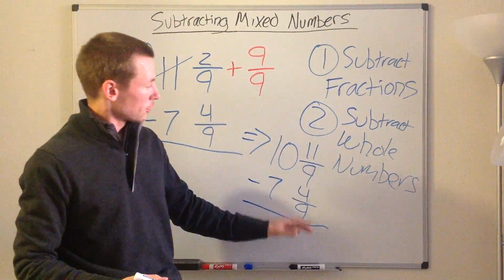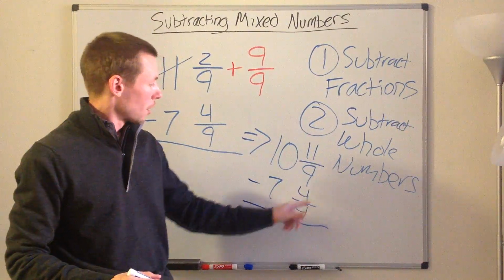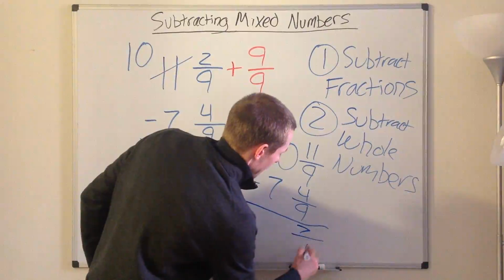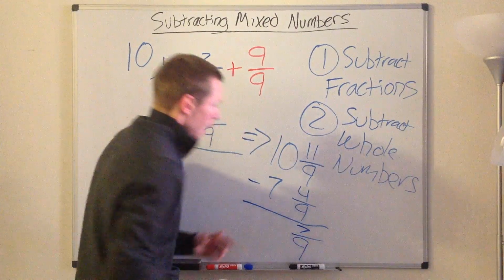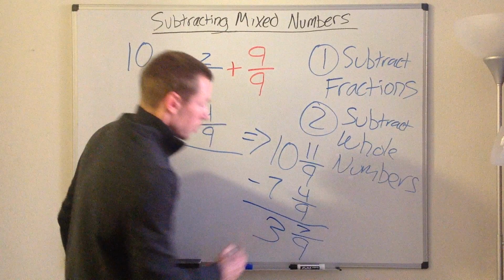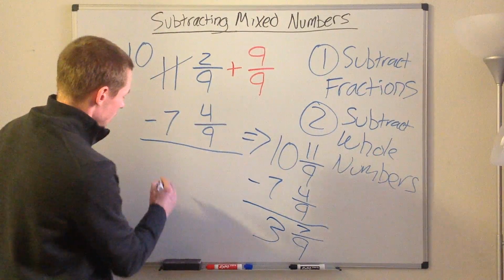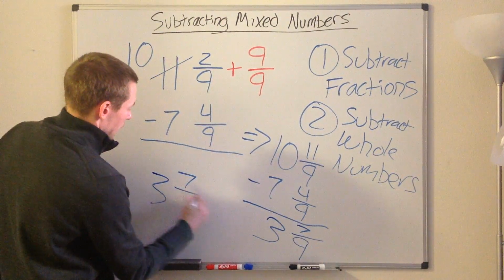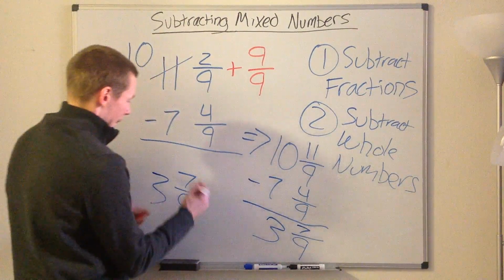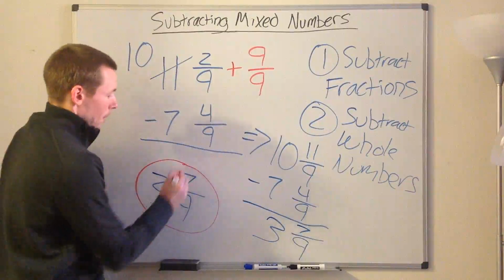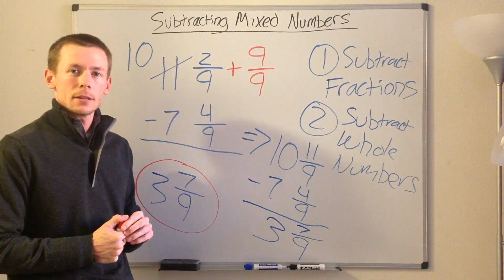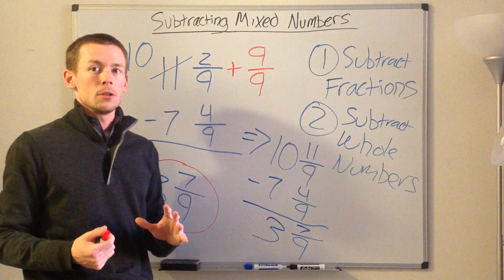So go to the fractions first. 11 minus 4 is 7. And 10 minus 7 is 3. So our answer is 3 7/9. Now, this now officially concludes this lesson.